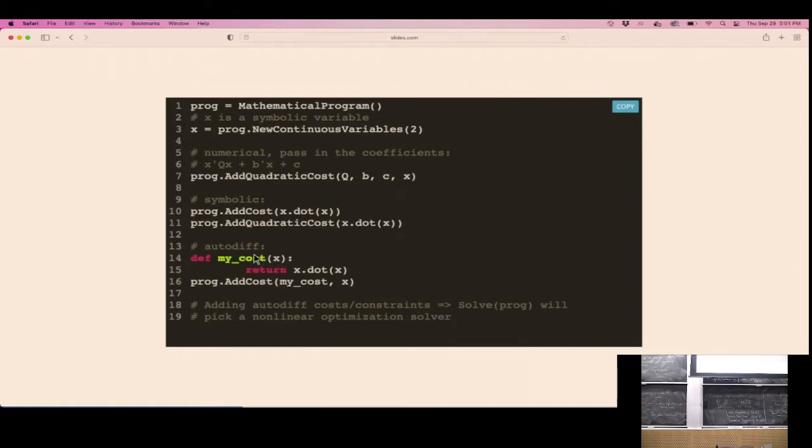And when it calls your function, it's going to pass in a version of x that is an autodiff type, which is automatic differentiation, so that it can also take gradients of your function and try to use gradients of this in order to get down there as fast as possible.